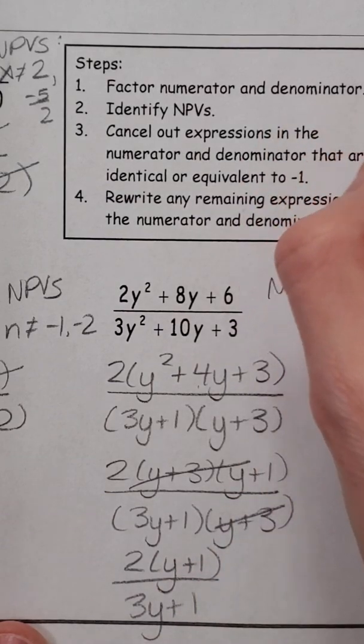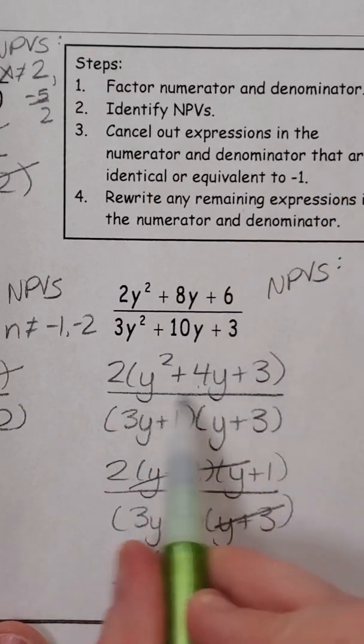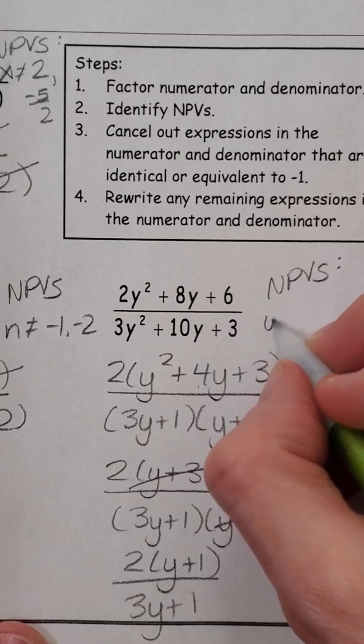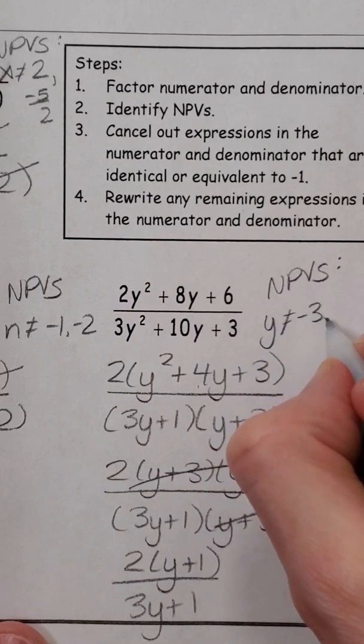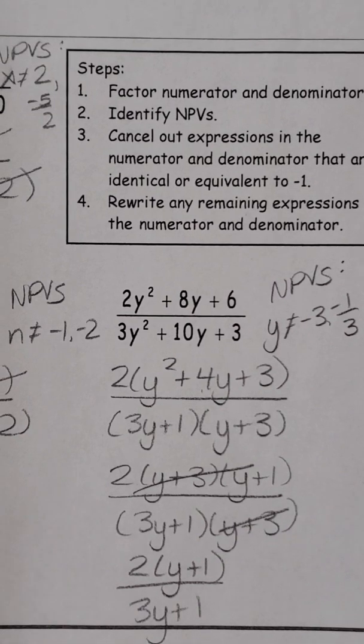Forgot the NPVs again. And then, as you can tell, it doesn't really matter, as long as you go back and make sure you do it here, then we're okay. y can't be -3 or -1/3. And that's it.